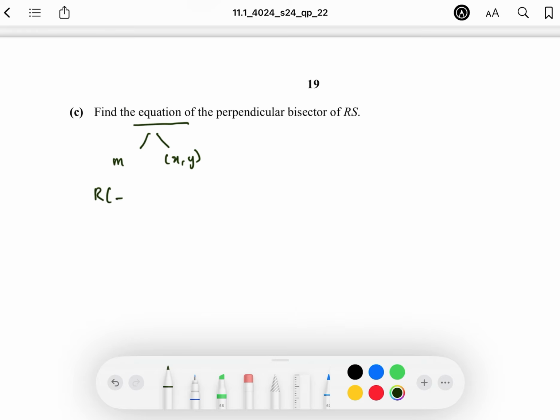The coordinate of R is -1, 8. The coordinate of S is 3, 2. So the gradient of RS is 8 minus 2, difference of y over difference of x. Simplify this one and you get minus 3 over 2.